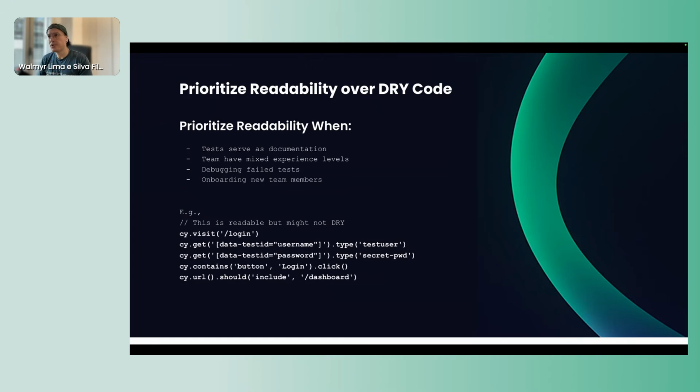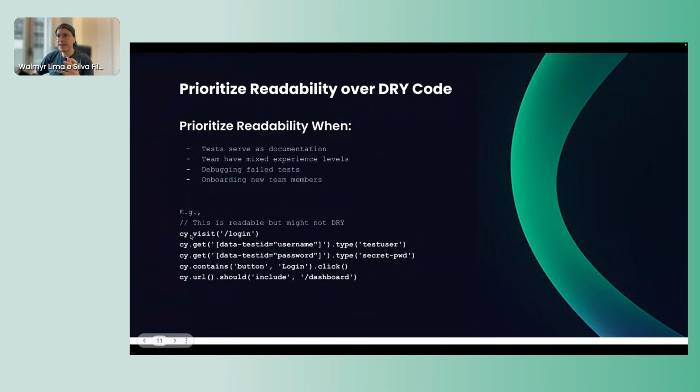Prioritize readability versus DRY code. You should prioritize readability when tests serve as documentation, when the team has a mixed experience level, when debugging failed tests, and when onboarding new team members. So this is an example of code that is very easy to read, but it might not be DRY.